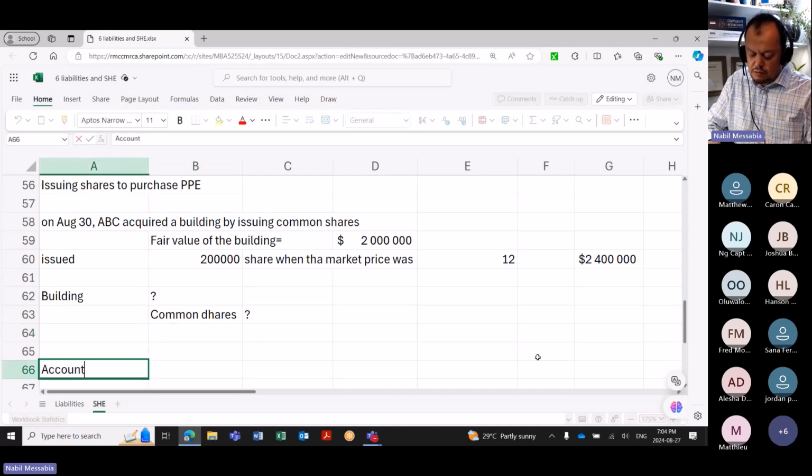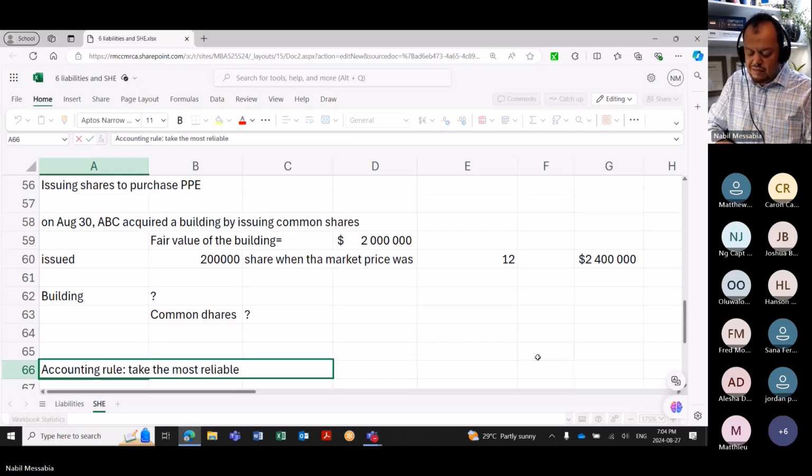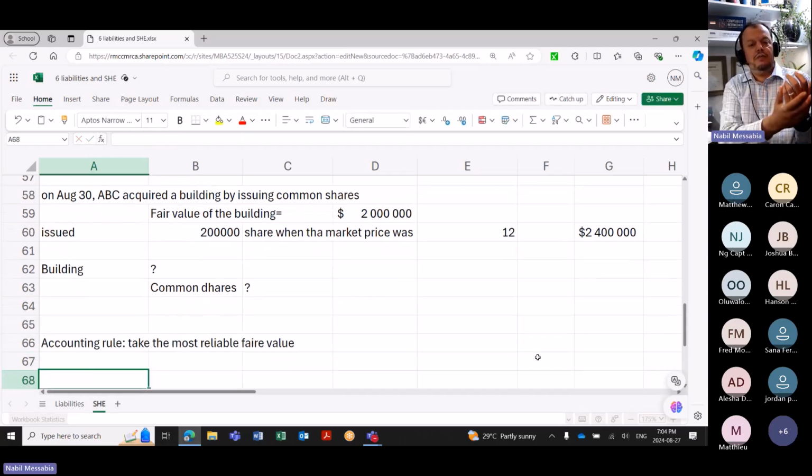The accounting rule is this. Take the most reliable fair value. I have a fair value, which is the result of an assessment made by an expert, appraisal of the building. That is one evaluation. And then from the other side, I have a value that comes from the market.